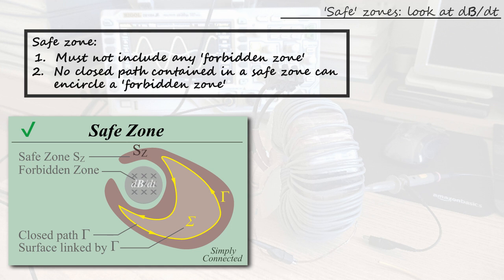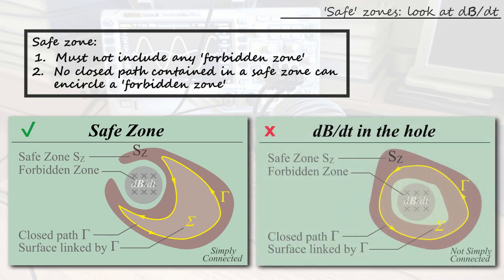Note that what makes a zone safe is the impossibility to link an appreciable magnetic induction field, the dB/dt. The dB/dt is either 0 or almost 0 in all points belonging to the zone, and it is not possible to go around any external dB/dt region without crossing the safe zone's boundaries. And here is where the geometric constraint comes in.